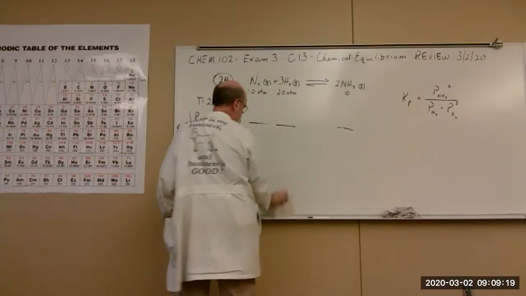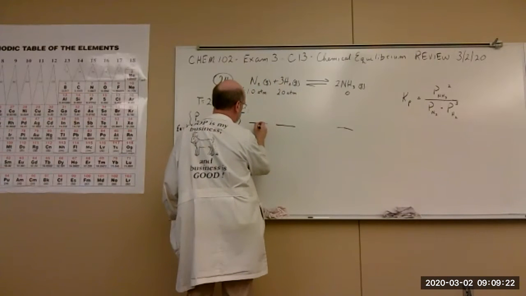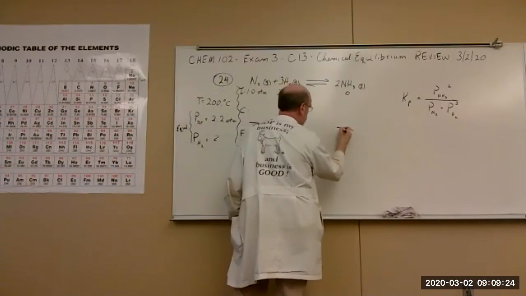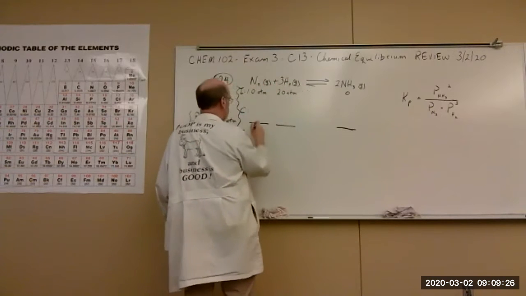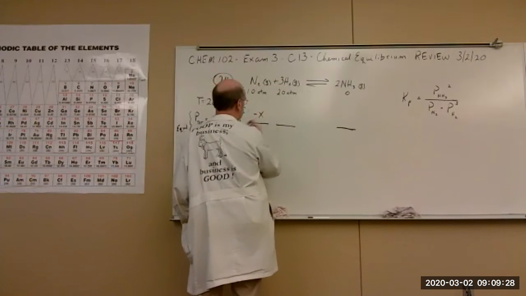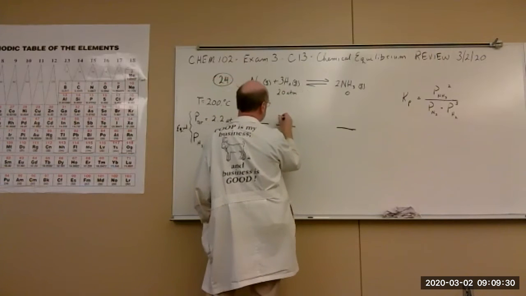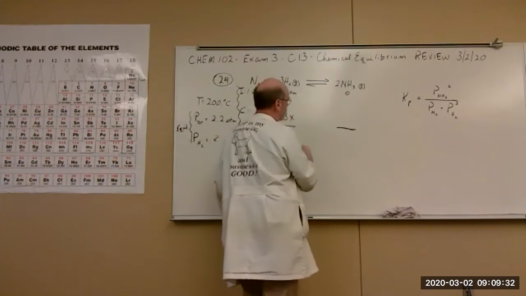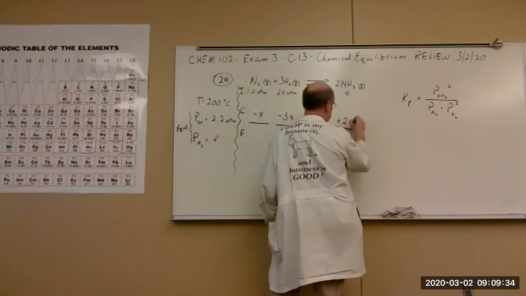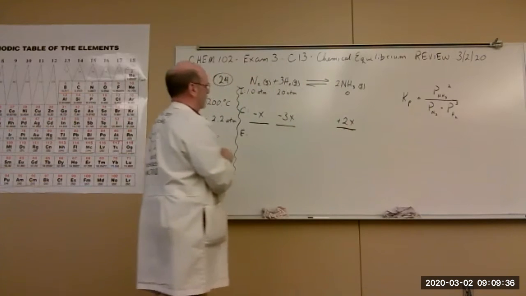In fact, the fractional way is how I did it in the review document, work problems. But suppose we do make this x. We're going to subtract some of that, which means we lose 3 of these, and then we add 2 of these. It's easier to follow.